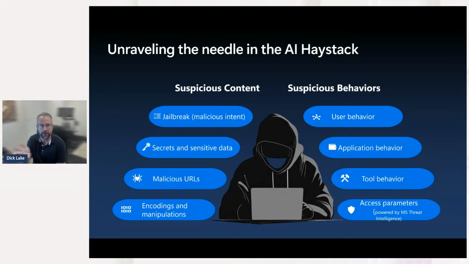When we analyze the content, both the prompts and responses are passed along into our AI service, and we take our time and look for things like malicious URLs, secrets, encodings, and various jailbreak activities. We bundle this up with the Microsoft Threat Intelligence Suite as we comb through these conversations.